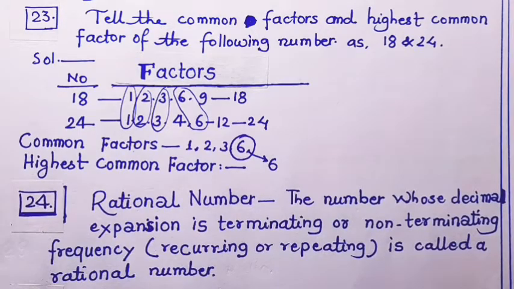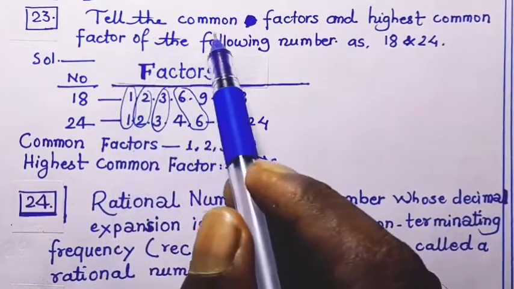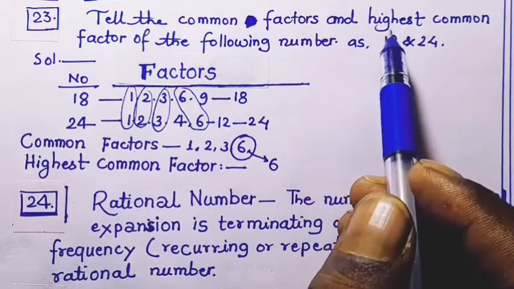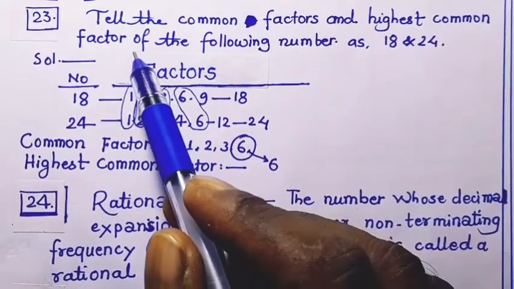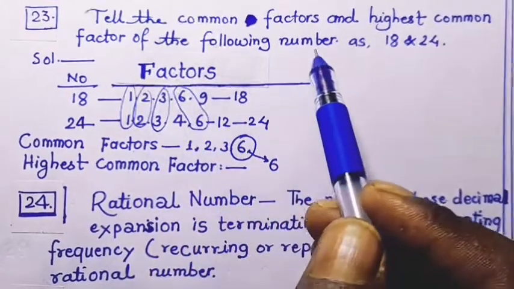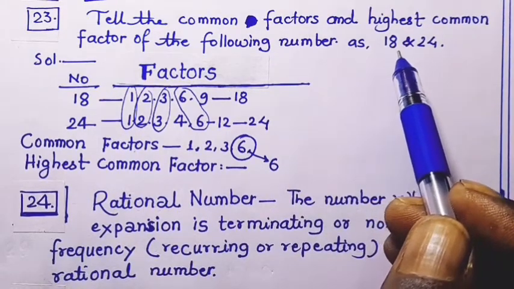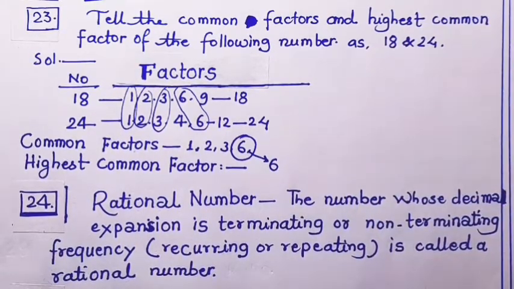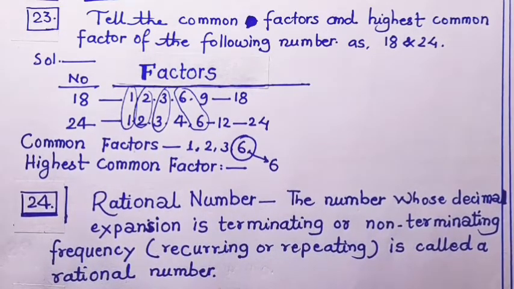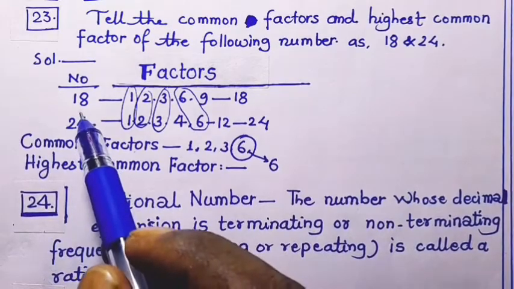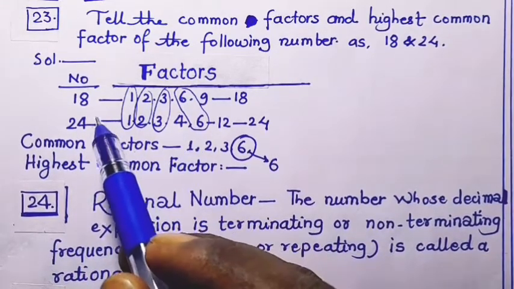Number 23: tell the common factors and the highest common factor of the following numbers, 18 and 24. First of all, we find the factors of these numbers.